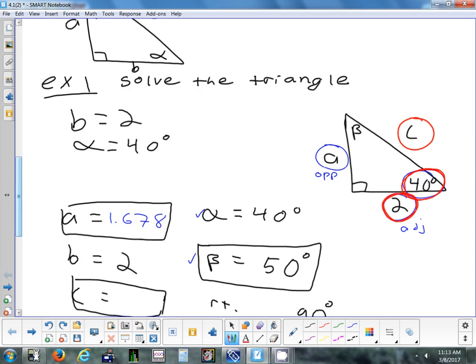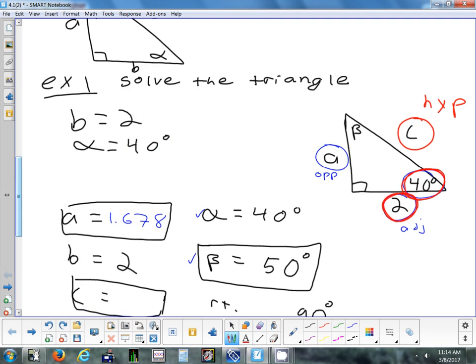This time, the name of the side that I know is still adjacent. But what's the name of the side that I want to know? I mean, it's C, but what's its position in the triangle? It's the hypotenuse. So focusing on the three things I circled in red, look at the two sides that I'm using. There's a side I know, it's adjacent.